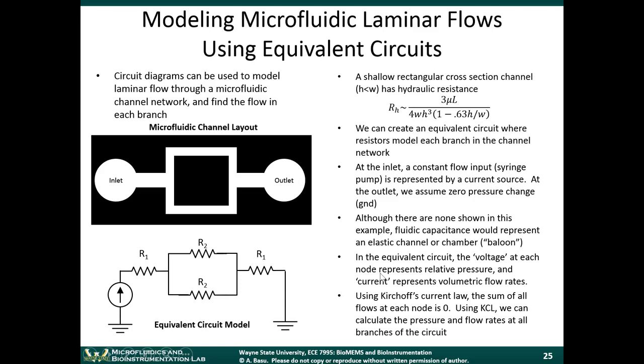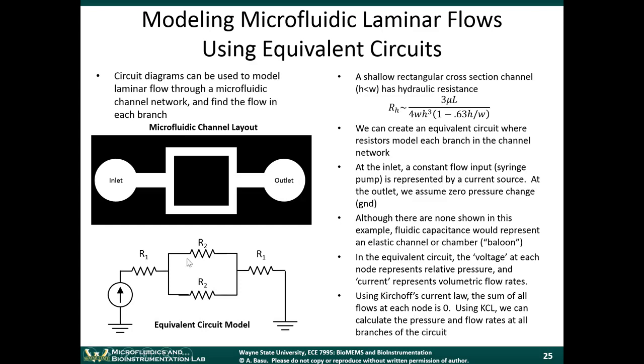So in the equivalent circuit, the voltage at each node represents the relative pressure, and the current represents volumetric flow rates. Now in analyzing this circuit, again, if any of you need help with Kirchhoff's current law or Kirchhoff's voltage law, please do let me know. Using Kirchhoff's current law, the sum of all flows at each node is 0.